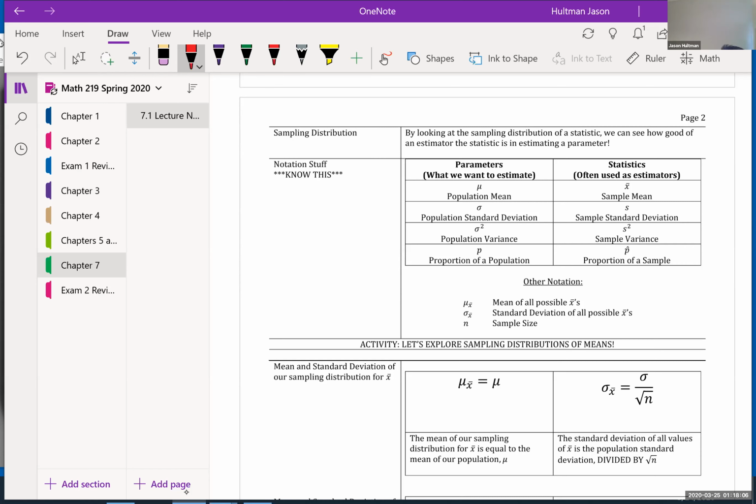Here are some parameters that we have worked with in the past.